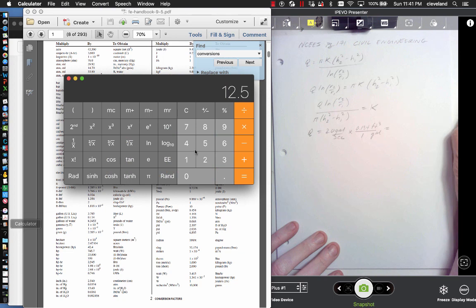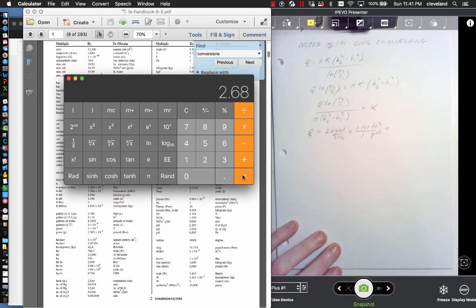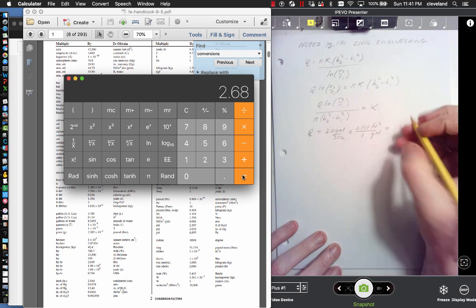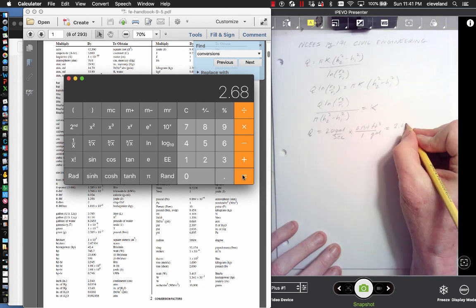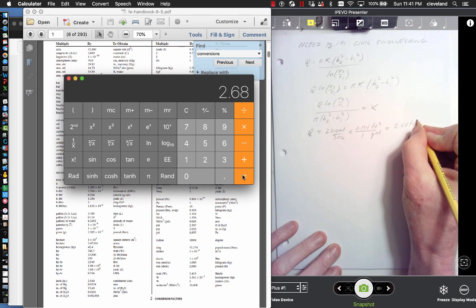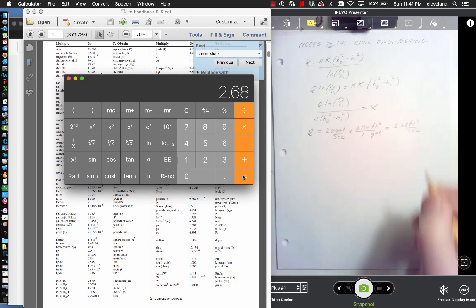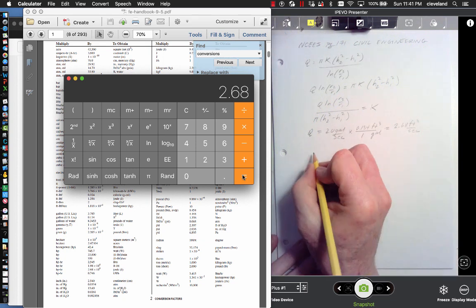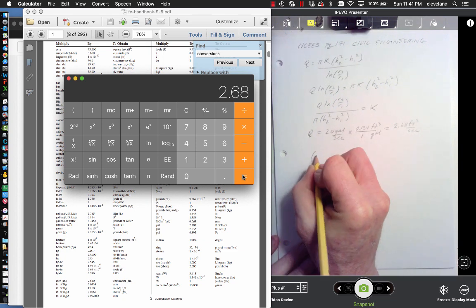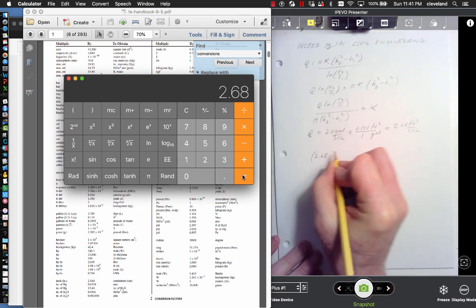Performing the arithmetic, 20 times 0.134 equals 2.68. Now I believe we have everything in the correct units, so let's perform the arithmetic. We have 2.68 feet cubed per second.